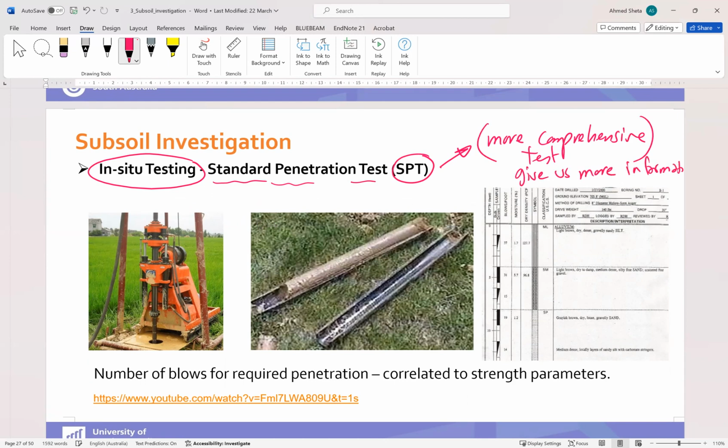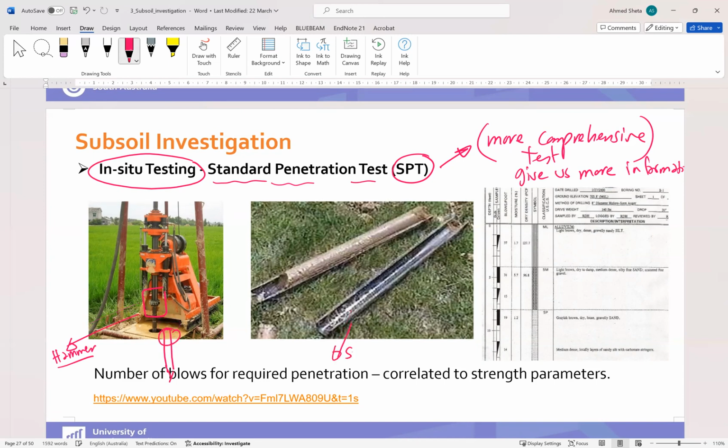This technique depends on a hammer. This is a hammer, and we use this hammer to hit the sampler.